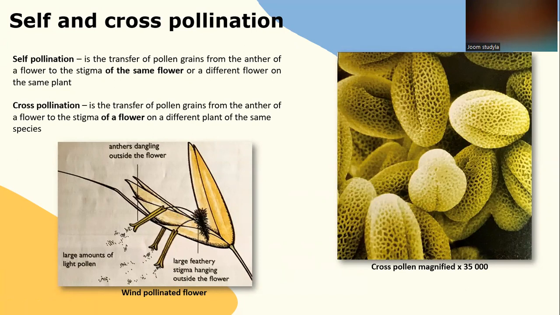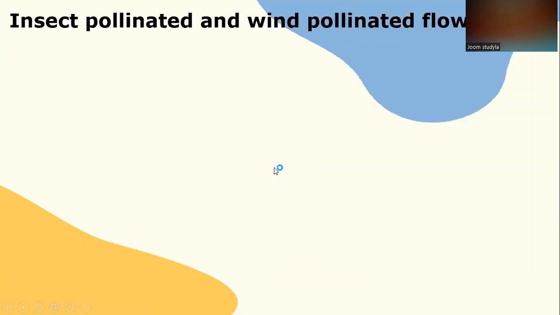So if you can see, there is a large feathery stigma hanging outside the flowers and anthers dangling outside the flowers. Insect pollinated and wind pollinated flowers.